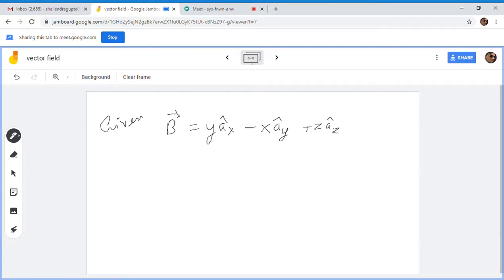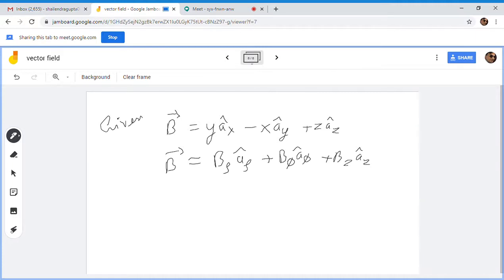In a cylindrical coordinate system, the same vector field will be written as b rho in the a rho unit vector direction, b phi in the a phi unit vector direction, and plus b z in the az unit vector direction.